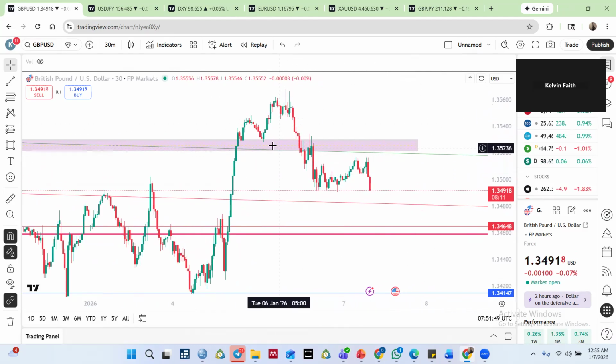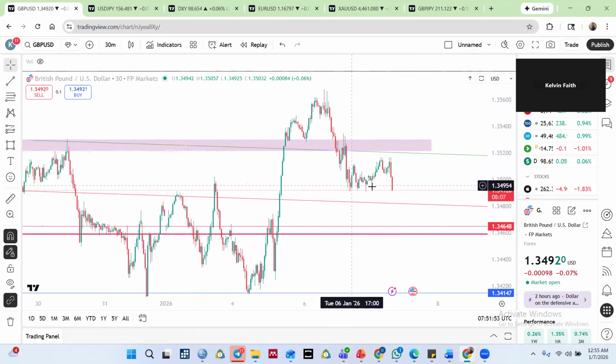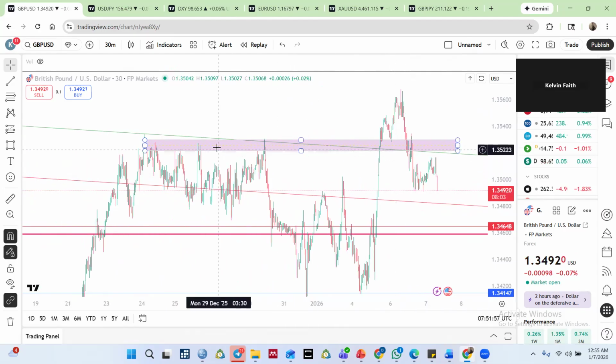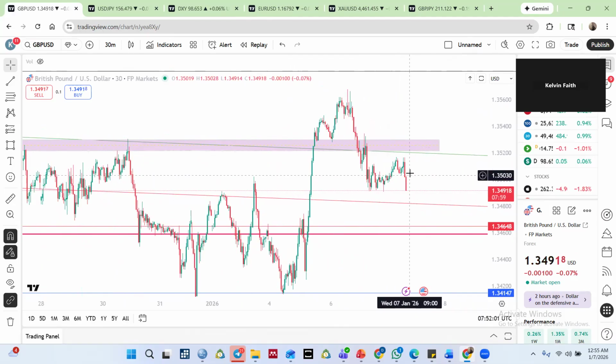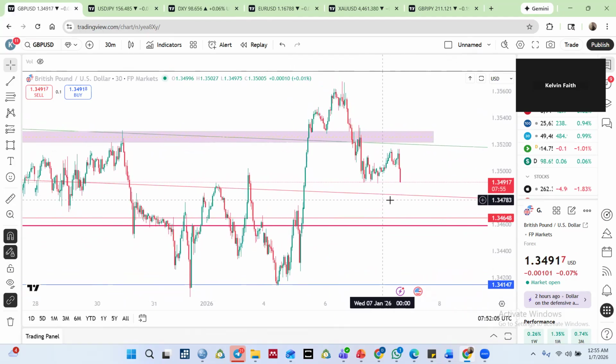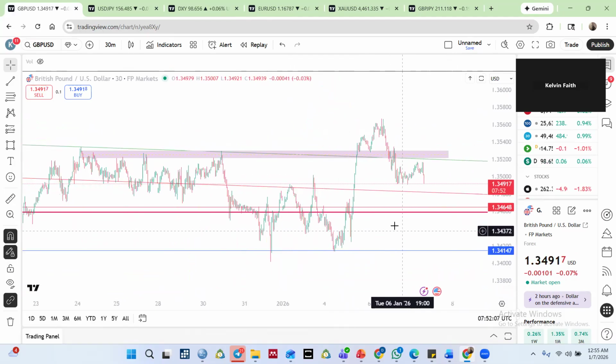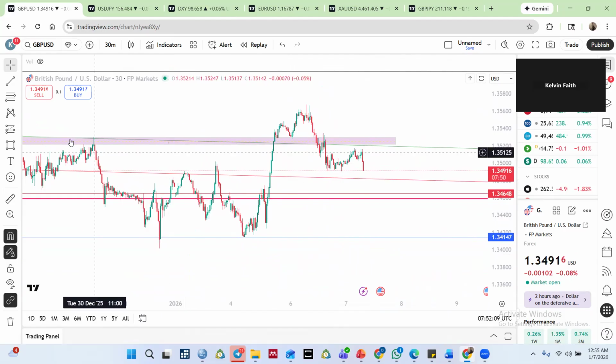The market broke, retested, broke down, came up, and it's not able to go above this area, and it's also kind of dropping. So we see a break right now. The sky is the limit. Okay, so GBP USD.